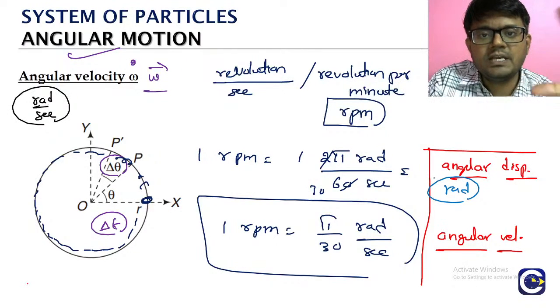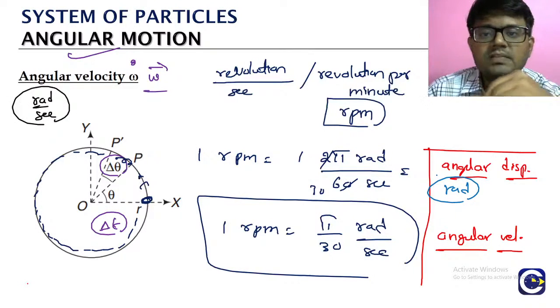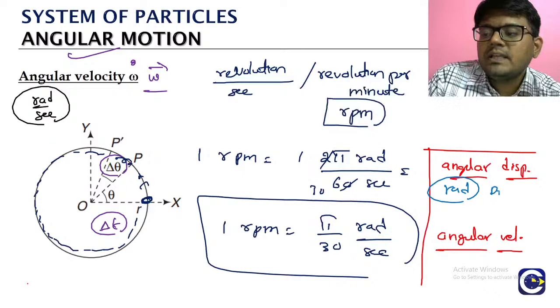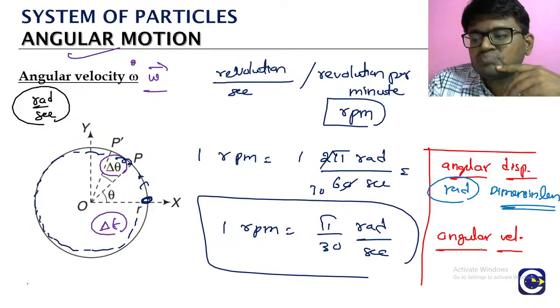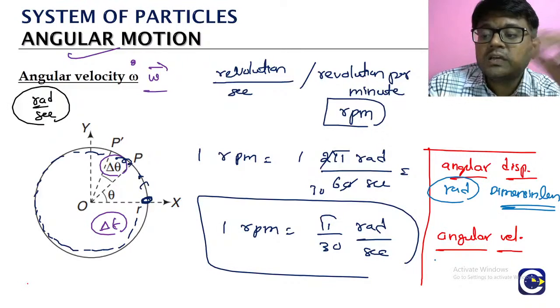Only the 7 fundamental quantities will have dimensional symbols. Supplementary physical quantities, the plane angle as well as the solid angle, do not have a dimensional formula or dimensional symbol. So angular displacement will be dimensionless, because it represents the plane angle. But what about the angular velocity? It is radians per second.